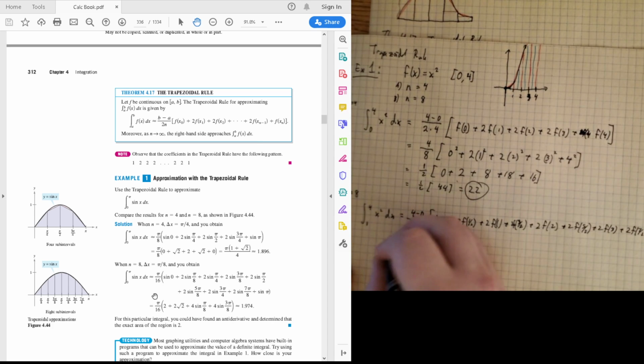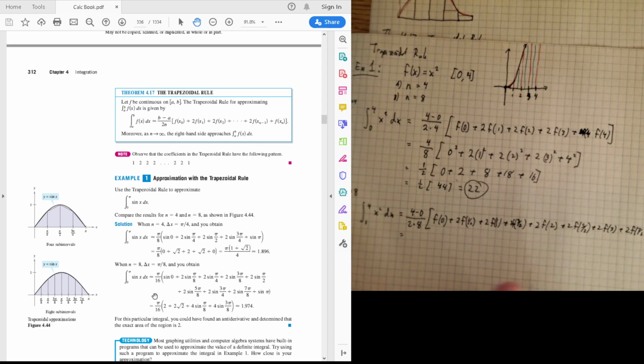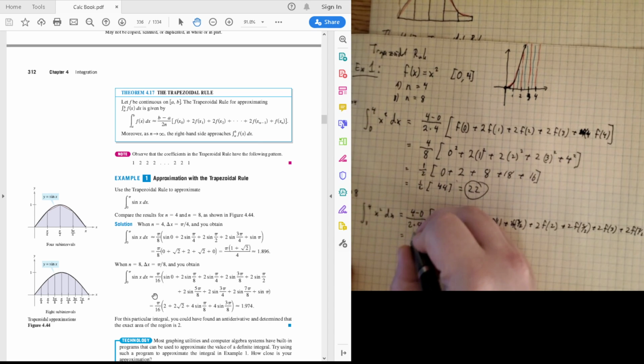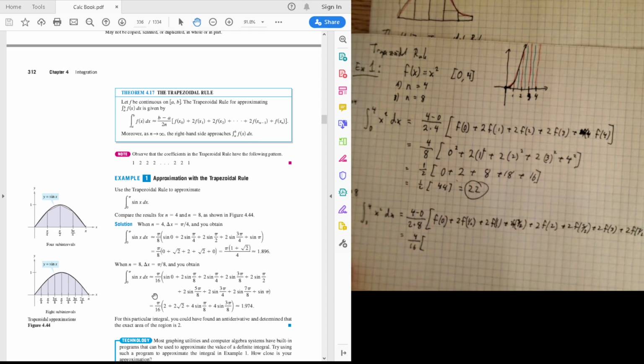Now, let's simplify. Our answer for our previous problem, its relatively low accuracy, is 22. Let's now do this one. 4 minus 0 is 4. 2 times 8 is 16. All right, let's plug in.